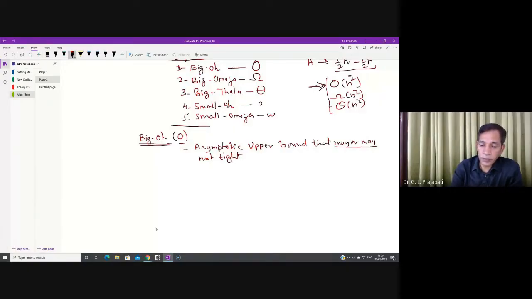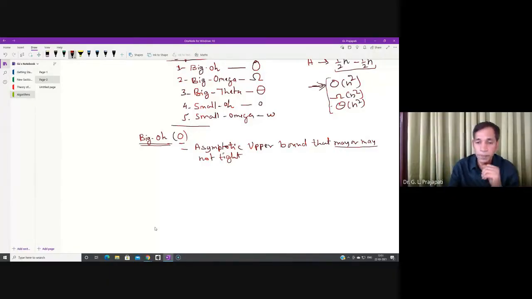It is an asymptotic upper bound because we are using the asymptotic notation and analyzing the algorithm asymptotically, meaning for sufficiently large values of n, we need to provide the analysis of your algorithm.